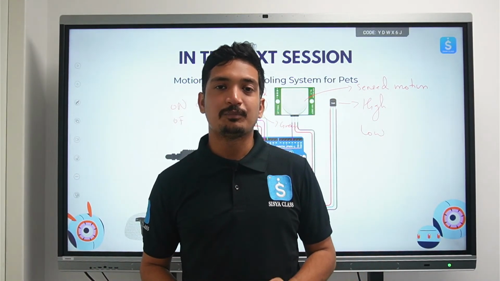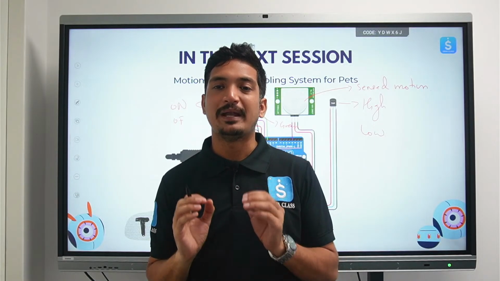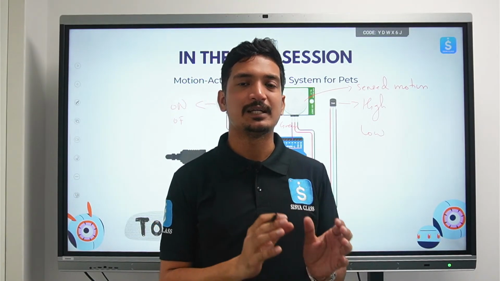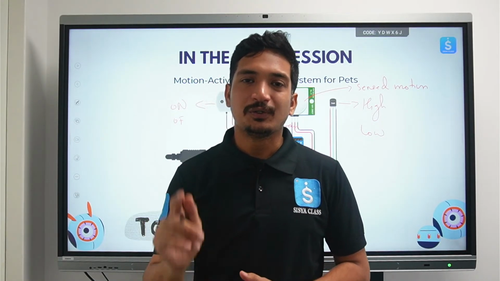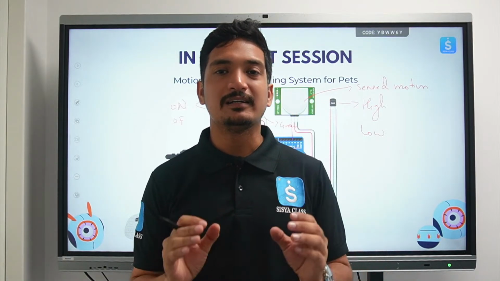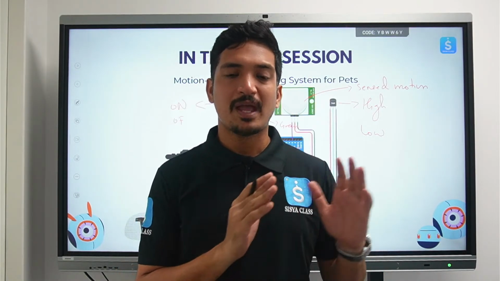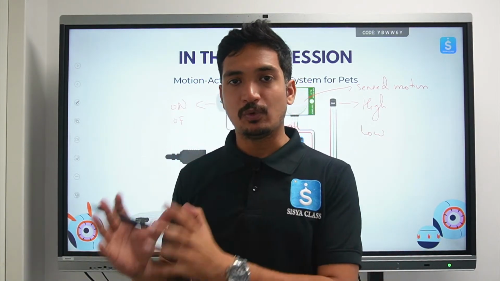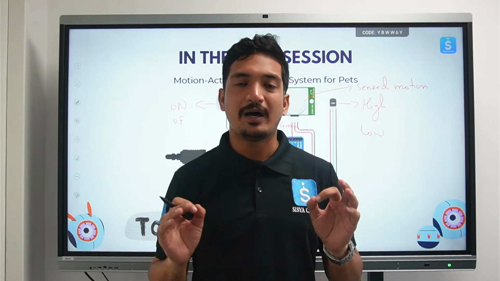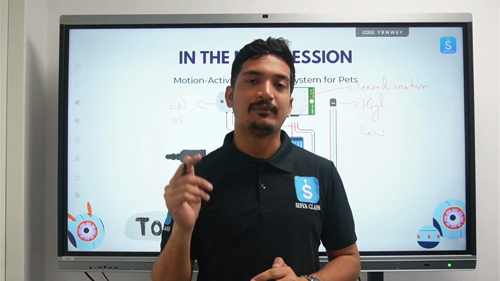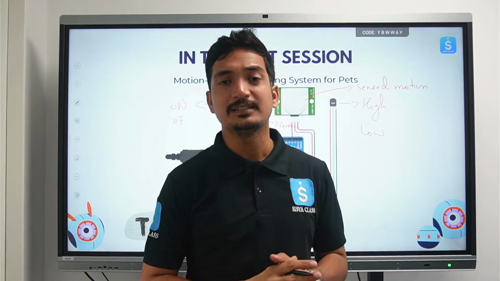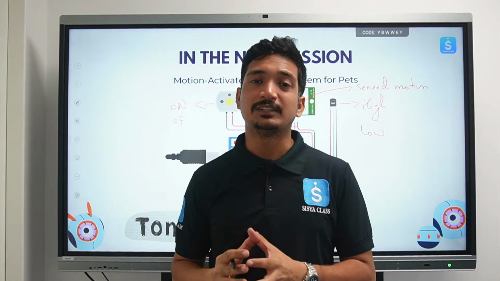It is a fantastic project that you can use for maintaining the temperature of your pet's house. In tomorrow's session we are going to learn how to create this entire project, from designing all the way up to coding. Make sure that you are revising all the stuff that you have learned in the past 5 classes, so that we will be using all of these things together.